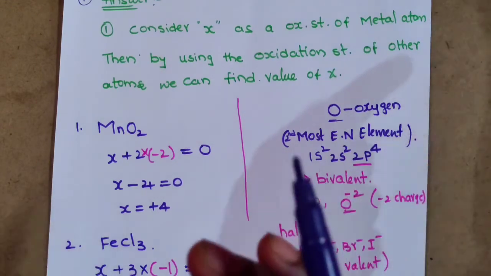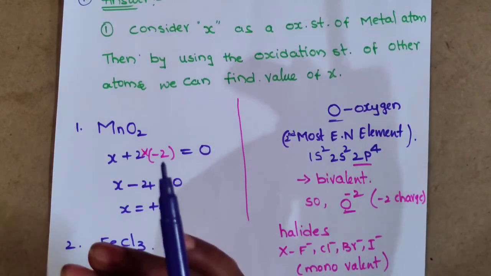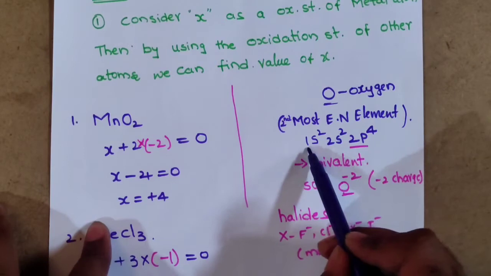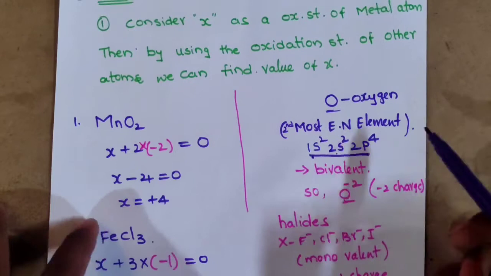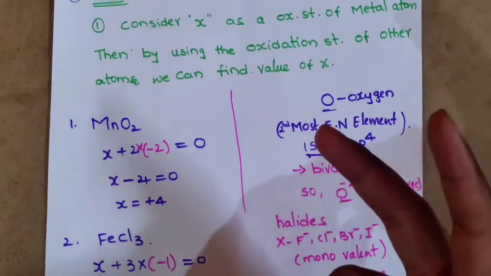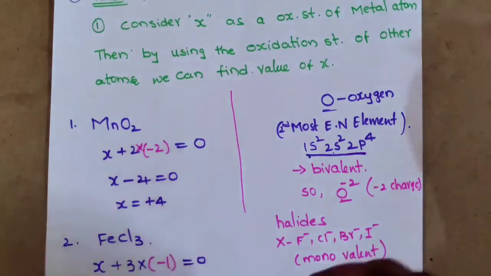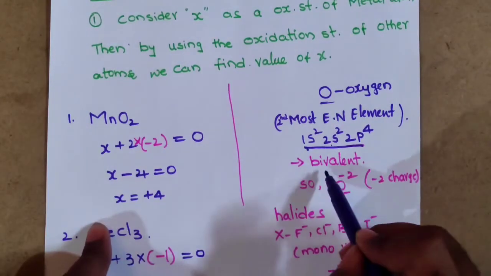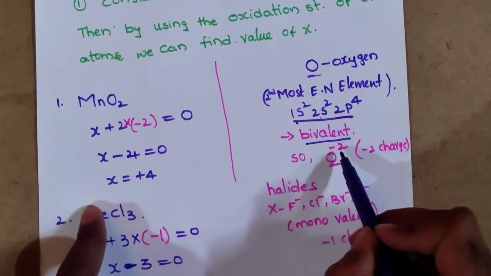Fluorine is the first most electronegative element in the periodic table, and oxygen is the second, having electronic configuration 1s2, 2s2, 2p4. So by gaining two electrons from its bonded atoms, it fulfils its octet configuration. And so we have mentioned that oxygen is bivalent, so it has a -2 charge.